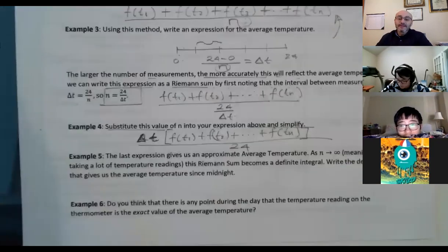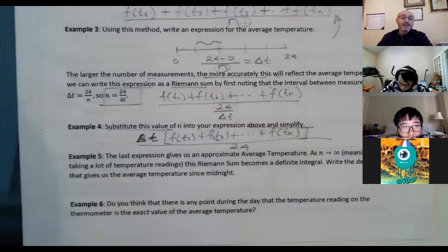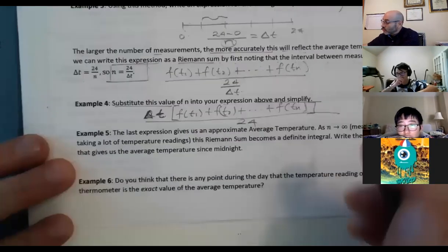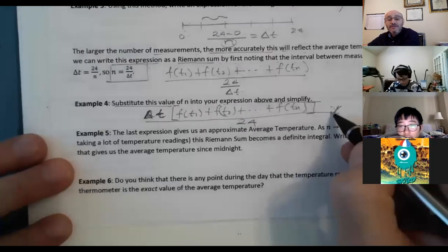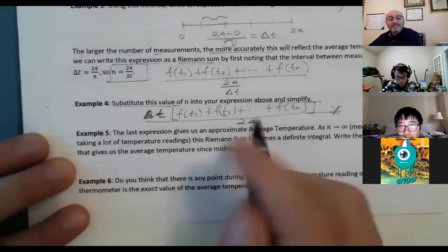It says the last expression, meaning this expression, gives us an approximate average temperature as n goes to infinity, meaning we are taking a lot of measurements or temperature readings. This Riemann sum becomes a definite integral. So what do they mean? All right, so I can take this and express this as a sum.